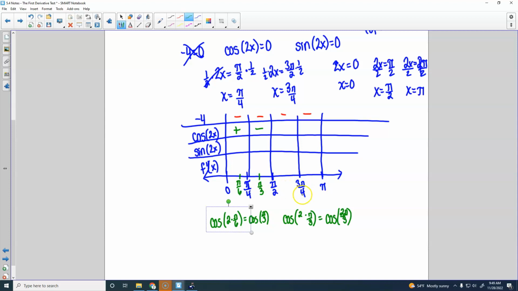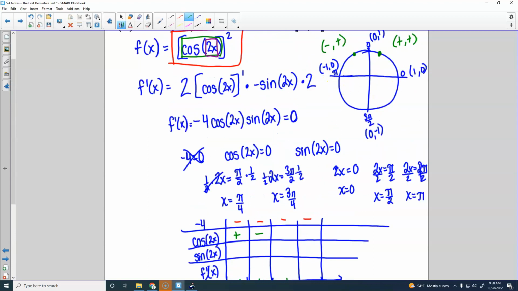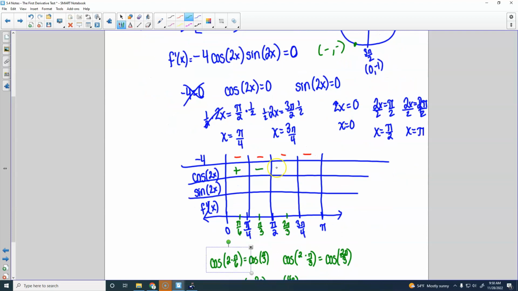Between pi over 2 and 3 pi over 4, you could use something like, what do we have there? We've got 2 pi over 3. But whenever we plug it in, we're going to have cosine of 2 times 2 pi over 3, which is cosine of 4 pi over 3. So 4 pi over 3 falls right here in this quadrant. Cosine and sine both are negative there.